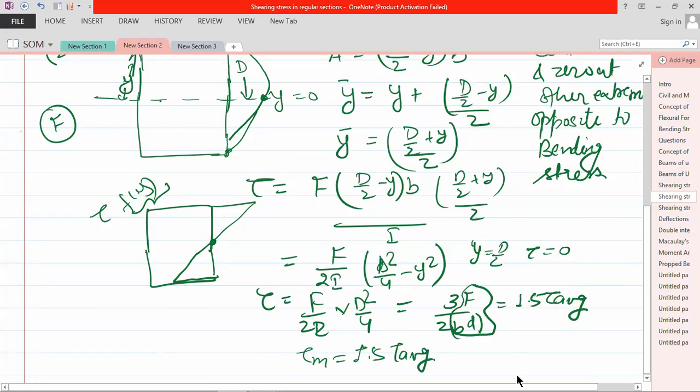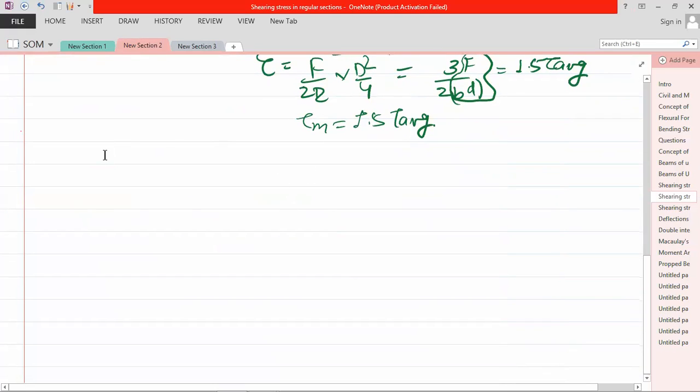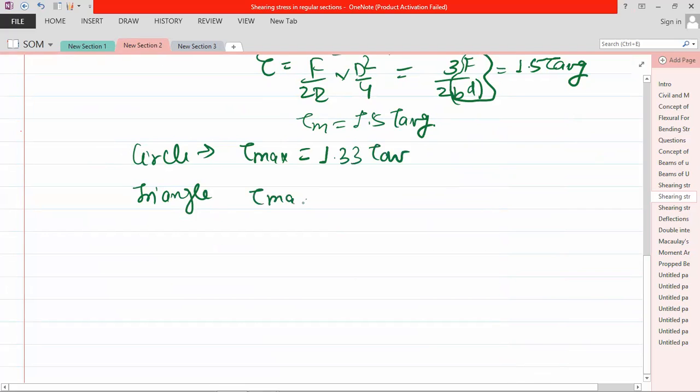Now for the same case, I'm writing it directly. I derived it for a rectangle, now for a circle and for a triangle. For a circle, tau maximum is equal to 1.33 tau average, and here tau maximum is equal to, I think, 1.5 tau average. Yeah, it is 1.5 tau average, and it is at h by 2.